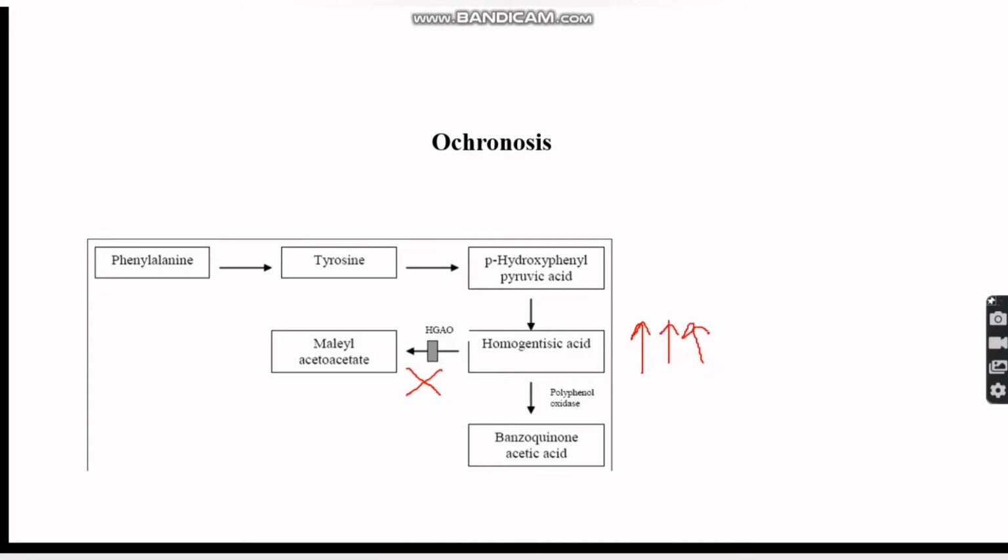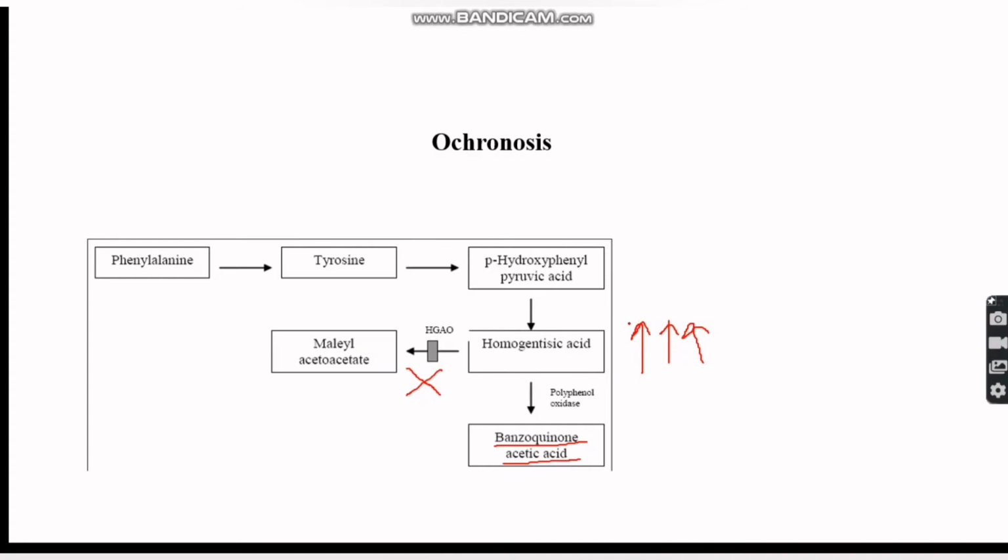So what happens is that this homogentisic acid is converted into another related substance, that is benzoquinone acetic acid. And since the enzyme is not working properly, homogentisic acid is not being converted into maleylacetoacetate.